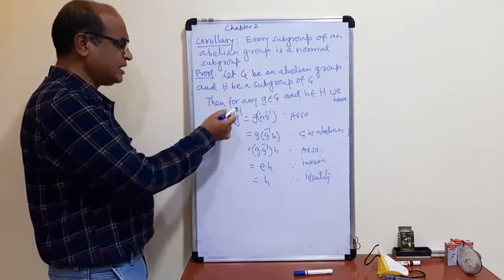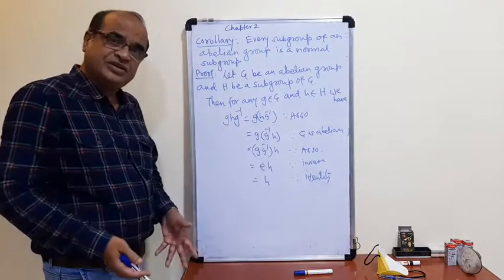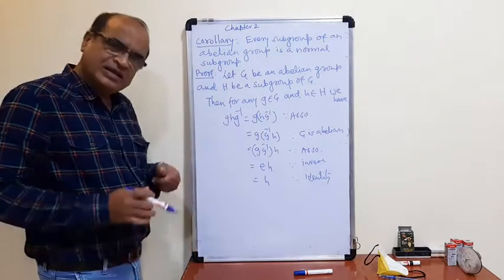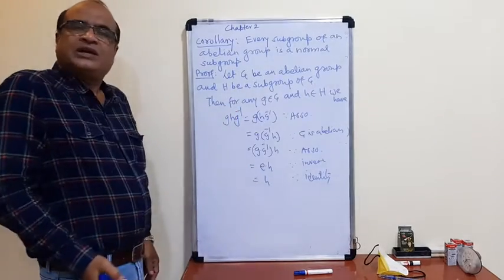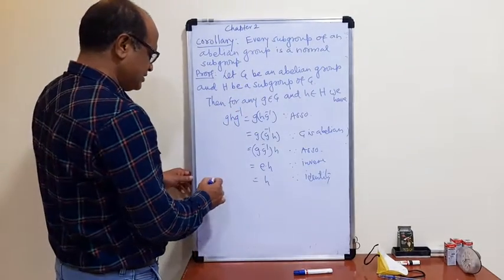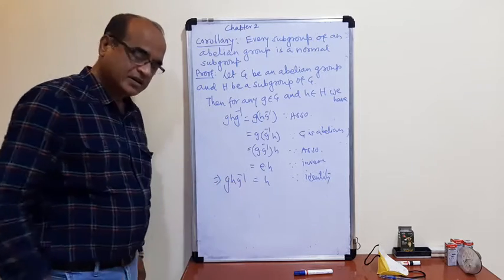So g h g inverse is equal to h. We take capital H in the theorem, but small h is also an element of that H.